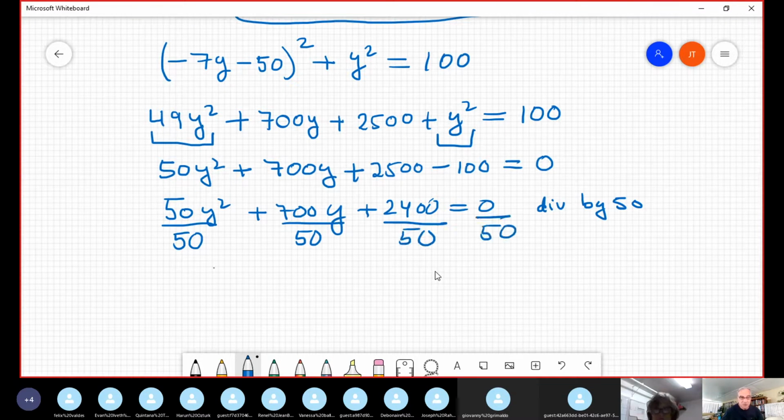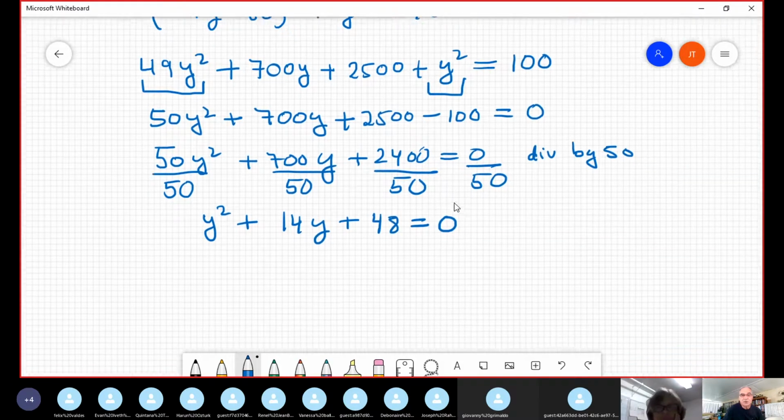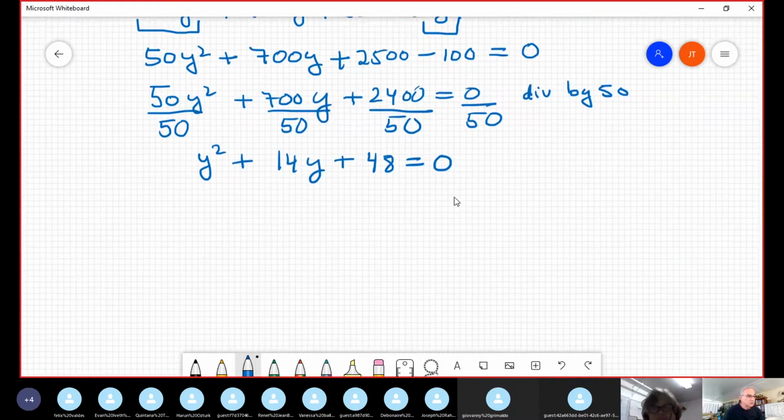So we have y squared plus 14y plus 48, since 2400 divided by 50 is 48. Oh, nice. And on the right-hand side we have 0, because 0 divided by any number is 0. I reduced the numbers a lot, yes or no?